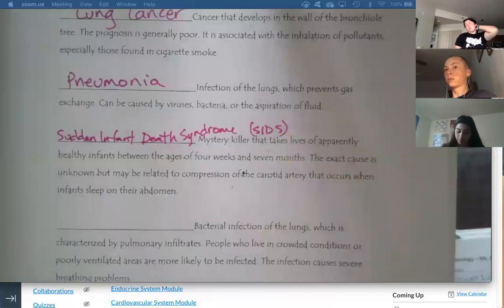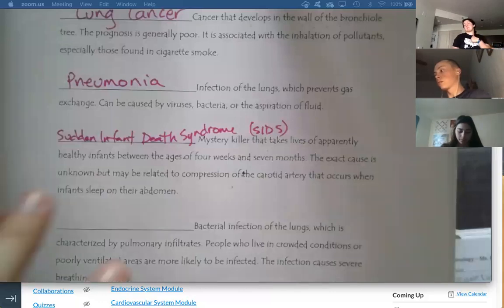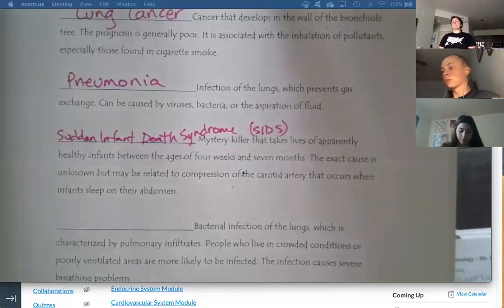We don't know what causes it exactly. There are a variety of theories. There's one theory that it talks about here on the paper about how maybe the carotid artery, which is the artery that leads from the heart to the brain, gets compressed when the baby's sleeping in a certain way, and then they're not getting oxygen to their brain, and it causes the death, but we don't actually know what causes SIDS.